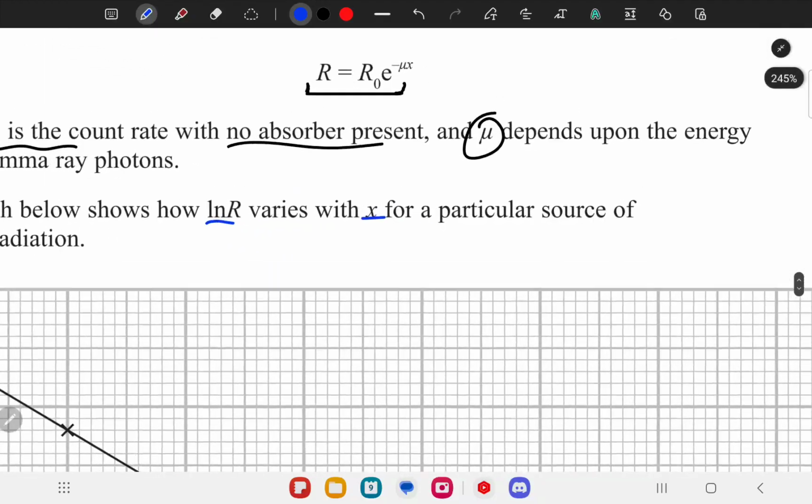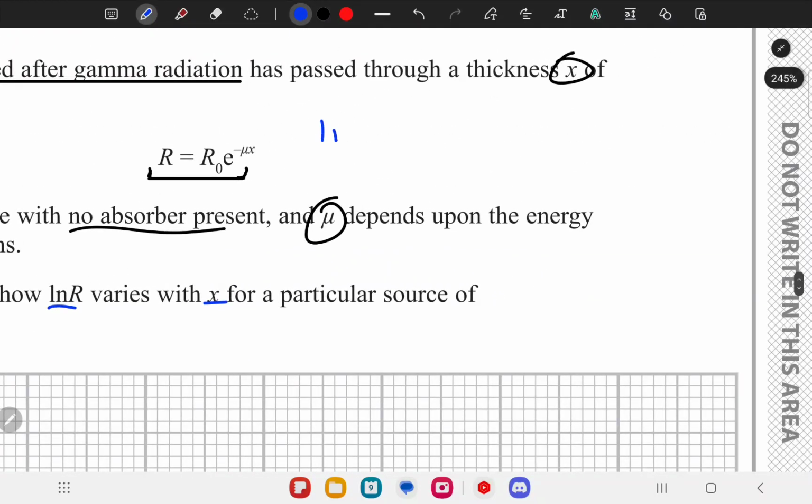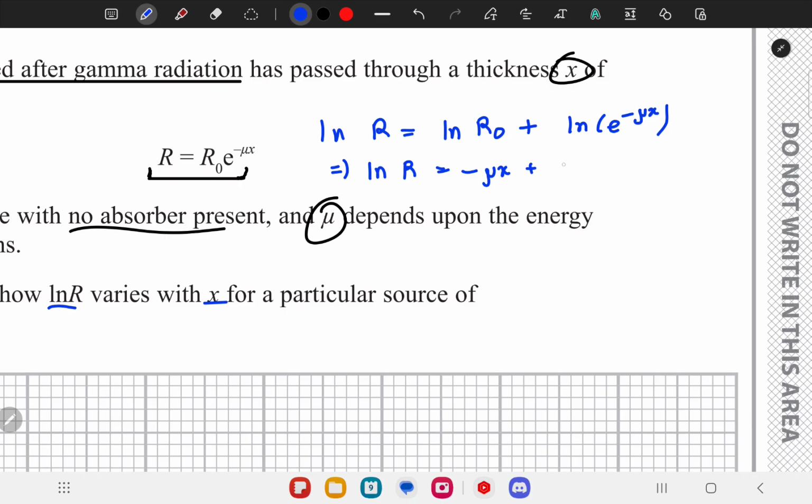To change this into a graph of ln R against X, we'll take ln on both sides. We'll get ln R equals ln R0 plus ln e to the power minus mu x. We'll get ln R to be minus mu x plus ln R0.